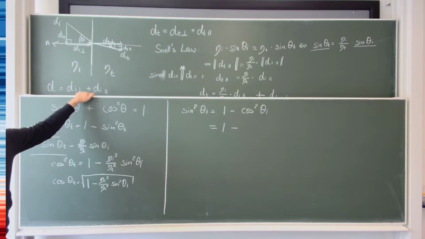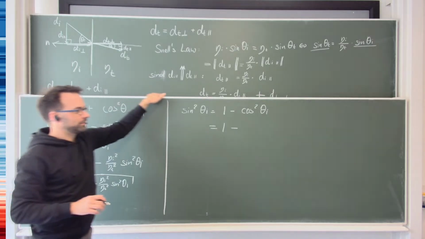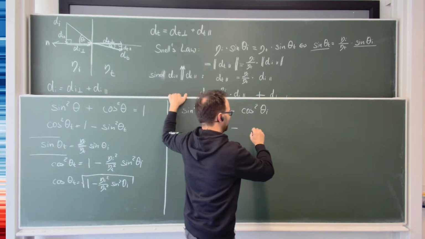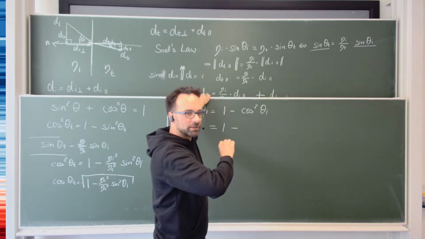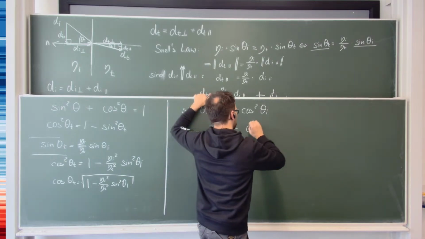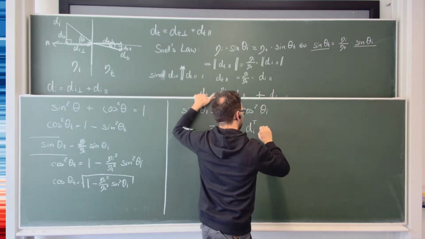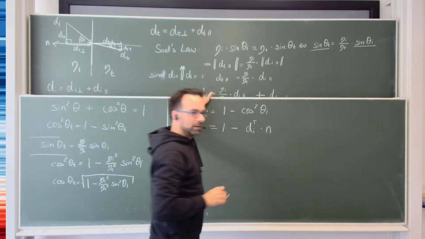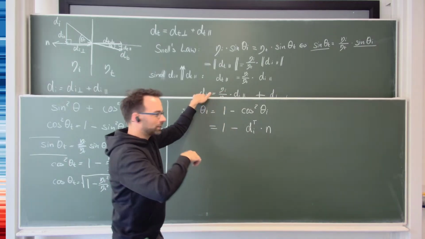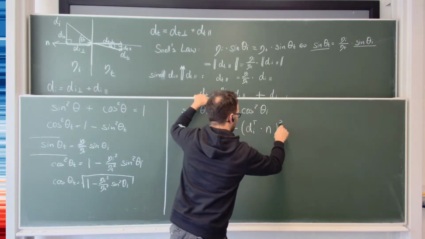And whenever you need to take the cosine, it's much better to take the related dot product. And the related dot product is the dot product of di and n, which yields a cosine, and you need to square it.